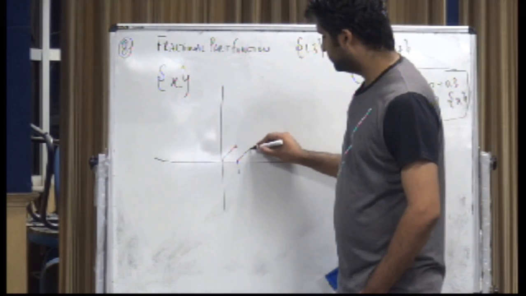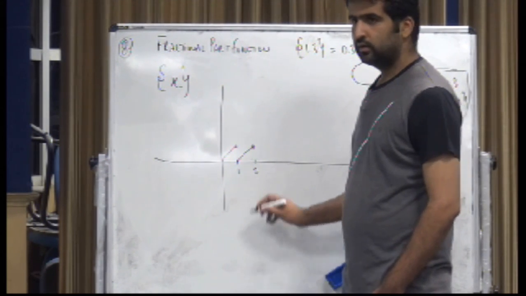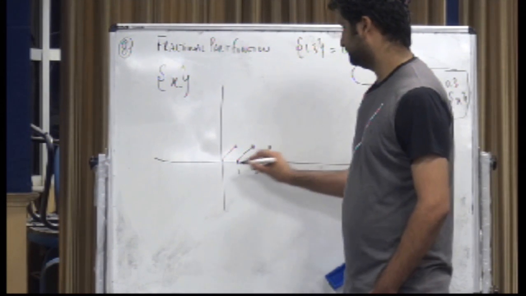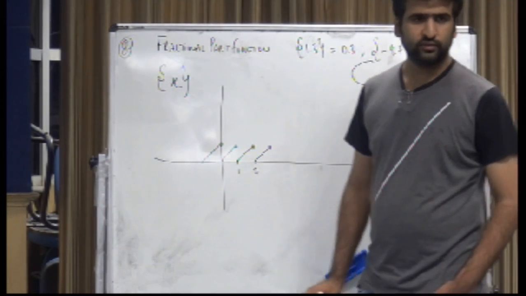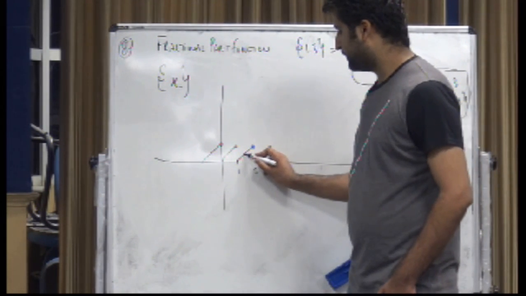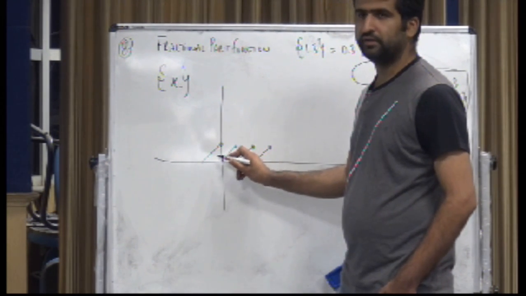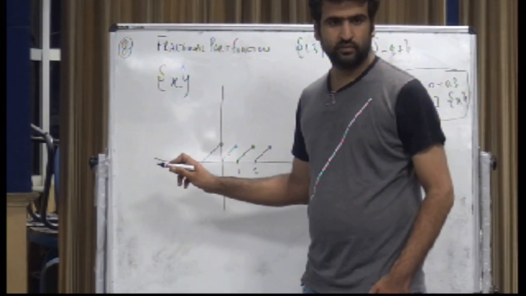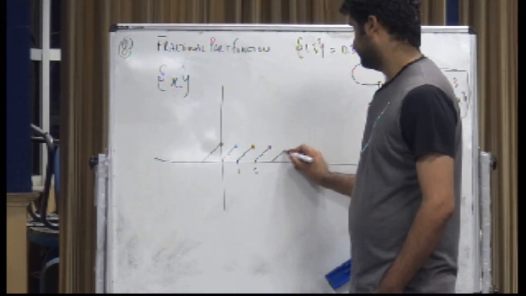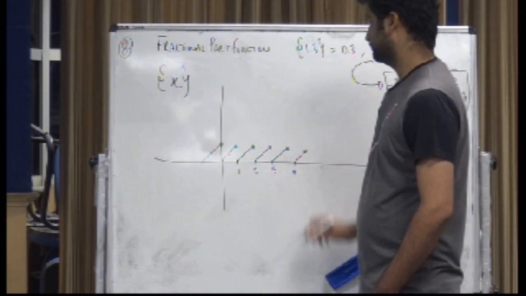And after that you will get such things, and it will go on like this. Got this one? Like at 1.5, the fractional part is same as the fractional part of 0.5. At 2.5, 3.5, all the fractional parts are same. So the graph is going like this.